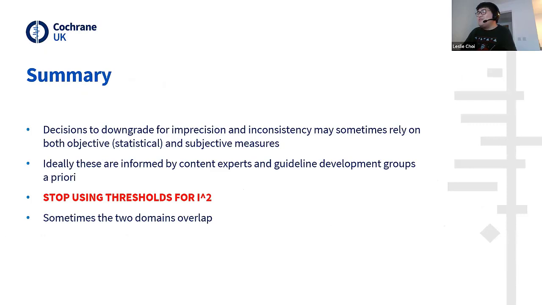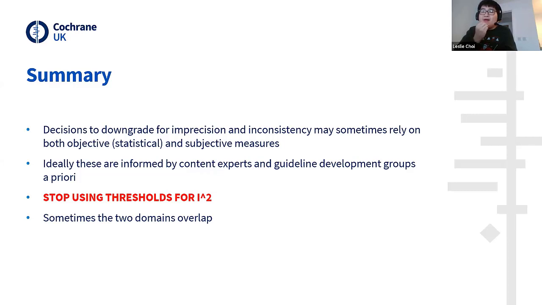So that was giving some examples, and an example of where you would consider both the same. Just a quick summary, because I've run over a bit with talking. Decisions to downgrade for imprecision and inconsistency may sometimes rely on both objective, so statistical, hard numbers, but also subjective measures.